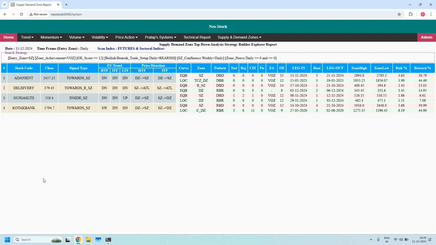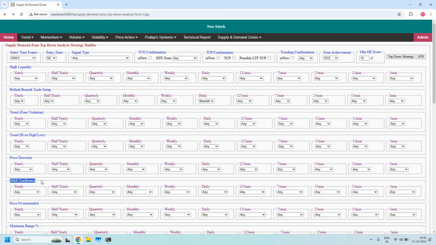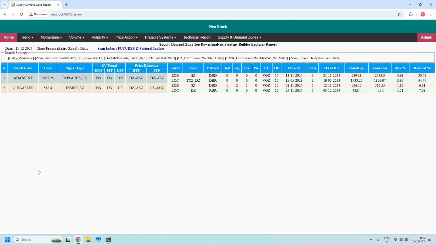If these weekly supply zones are having weekly EMA confluence, they are even more high probability trade setup supported stocks. Let's verify. In the EMA confluence, weekly time frame, weekly supply zone having weekly EMA confluence filter is enabled. With this filter, we got 2 stocks.